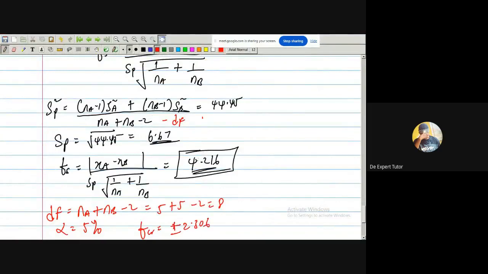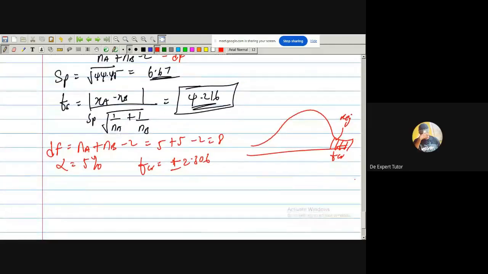Now check. Does this value exceed this value? If you look at this, this is your critical T. If you check this value, it has entered the rejection region. Yes. It has exceeded. So what do you do? We are going to reject null.